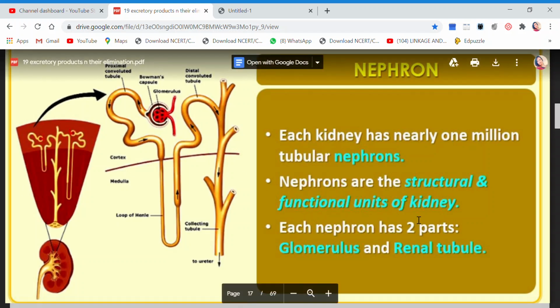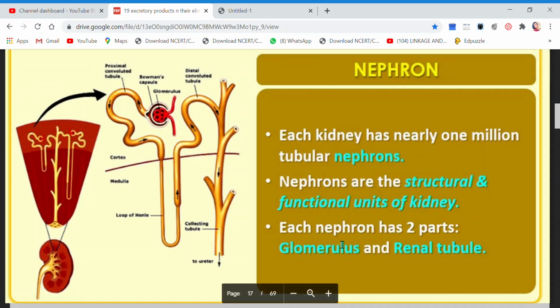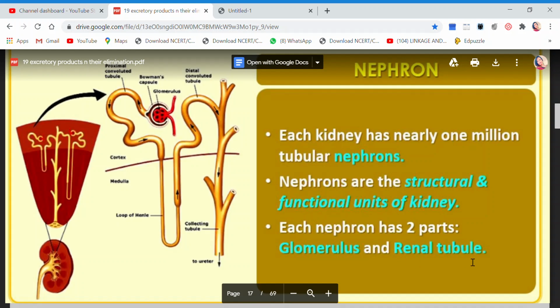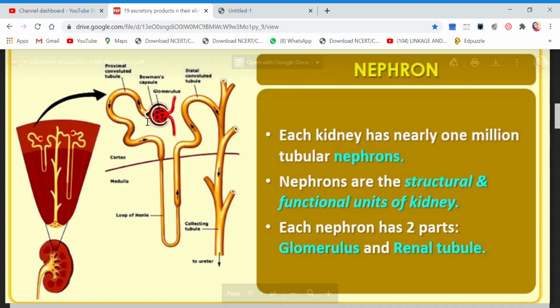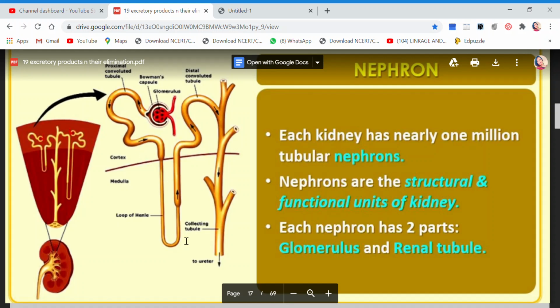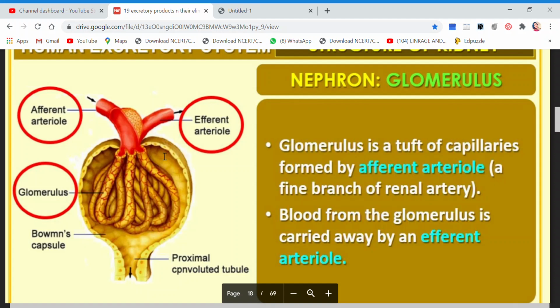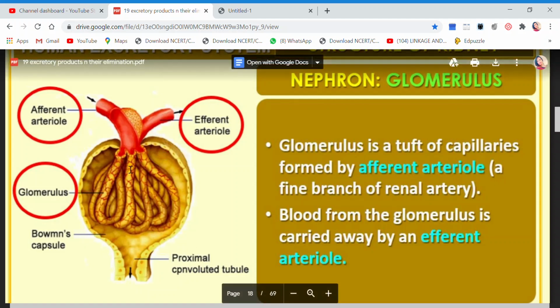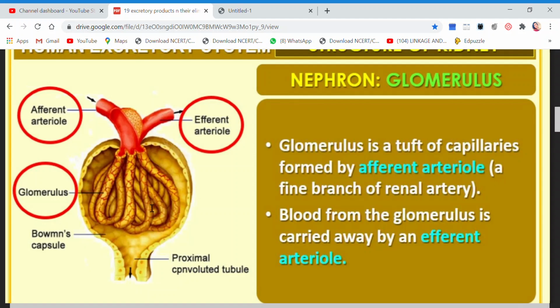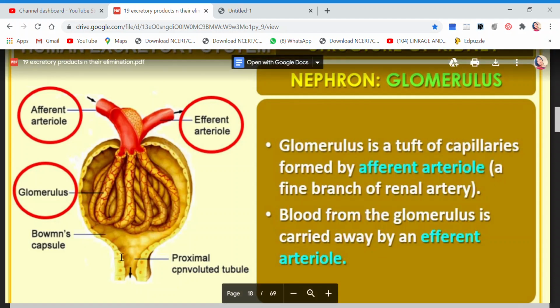Children, each nephron has two parts. One is the glomerulus and the other is the renal tubule. This part of the nephron you see is the glomerulus, and the whole tubular part of the nephron is the renal tubule. Okay, children, now this is the glomerulus, and the glomerulus is contained inside a capsule called Bowman's capsule.